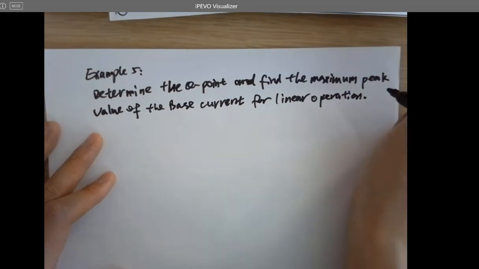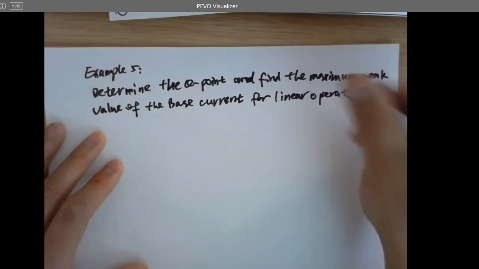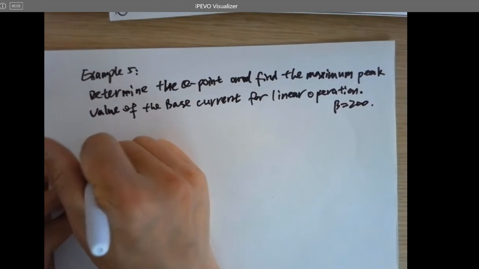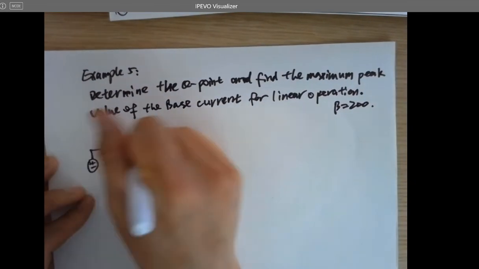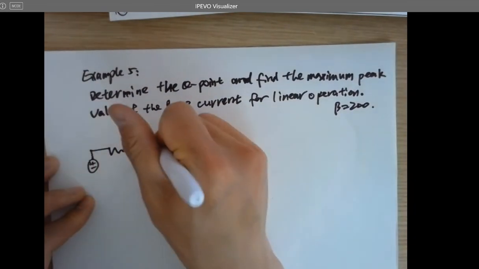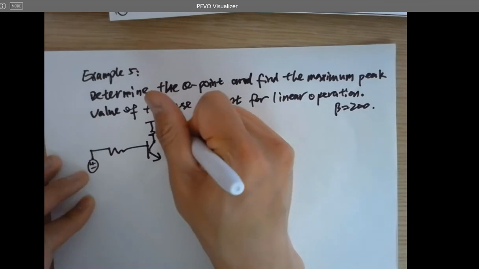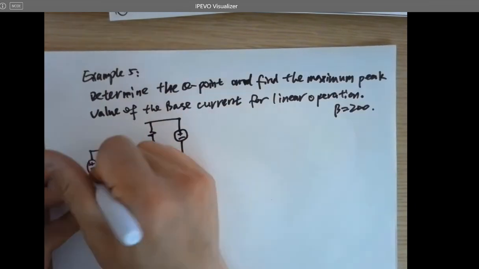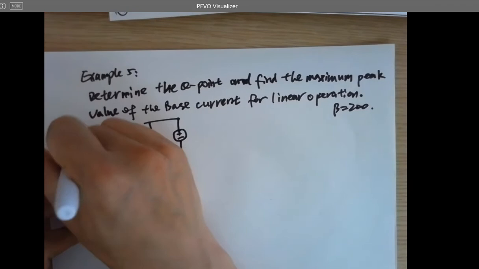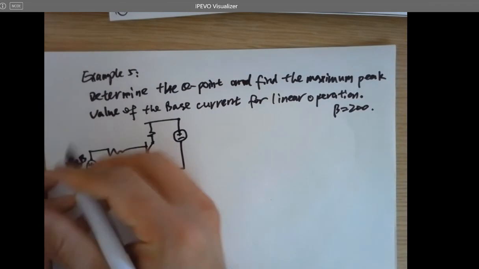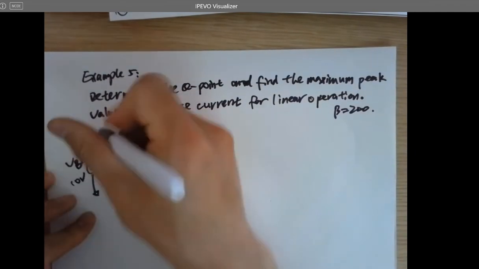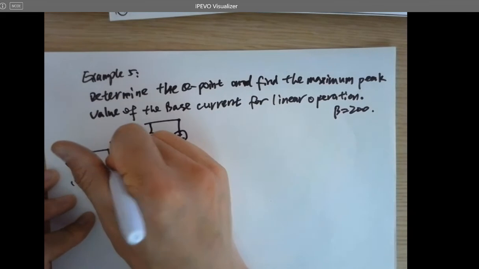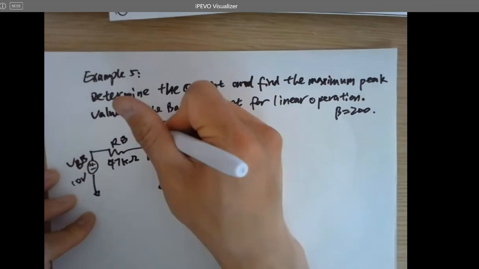And beta equals 200. So here's the circuit. VBB, which is 10 volts. Here's RB, 47 kilo ohms.